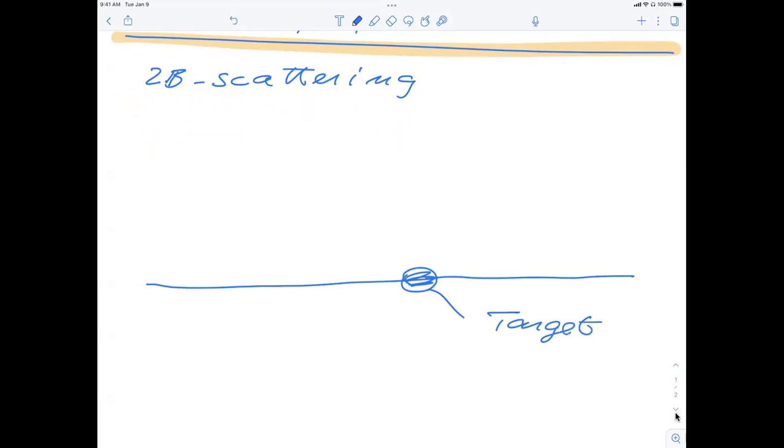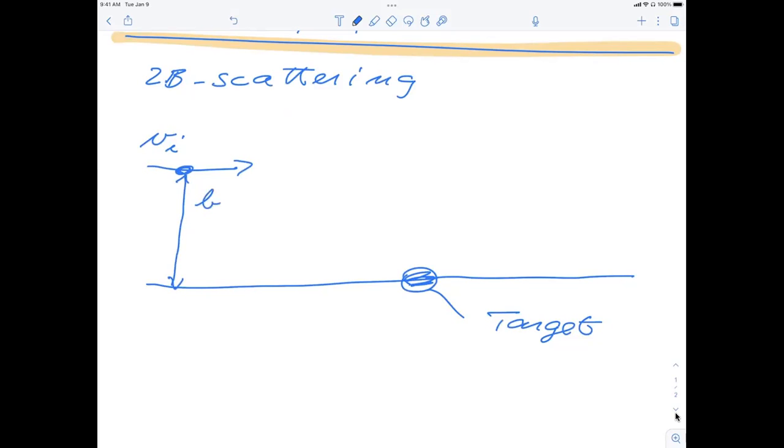And then we have a projectile or an object which is coming in with a specific velocity. This is at an infinite distance far away, and then it has only kinetic energy. Now, the distance from this object down to the plane which goes through the center of the target is called the impact parameter.